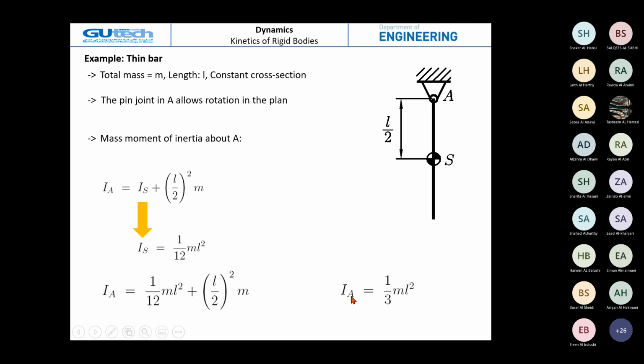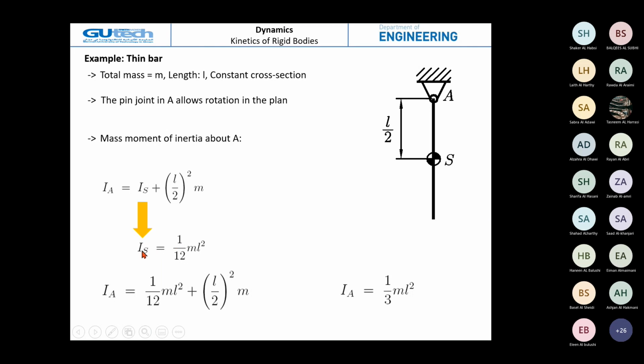And now we see that Ia is 1/3 of mass L square. As you can see, the value of the moment of inertia will be different depending on the point for which you calculate it.